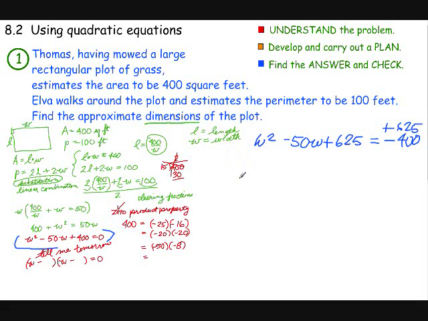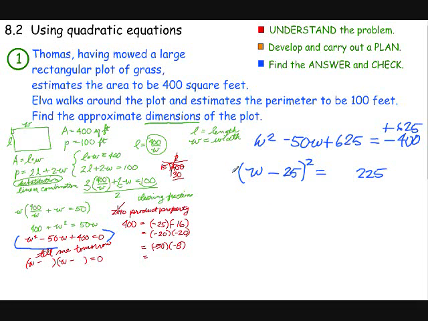So I end up with a binomial W, take the square root of 625 and the sign from the middle term, binomial squared, is equal to 225, right? 625 minus 400.